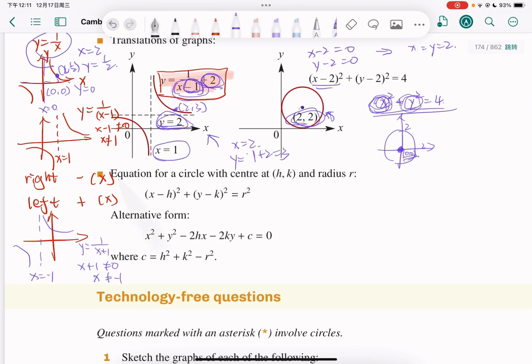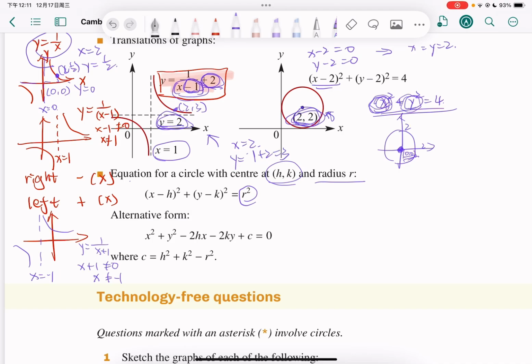Okay, equations for circle with center h and k and radius r. So how do we define a circle? It's defined by the radius or the r squared and also the center, 2, 2 here.